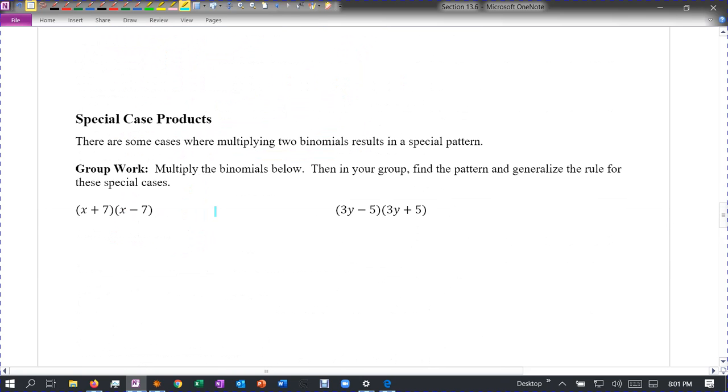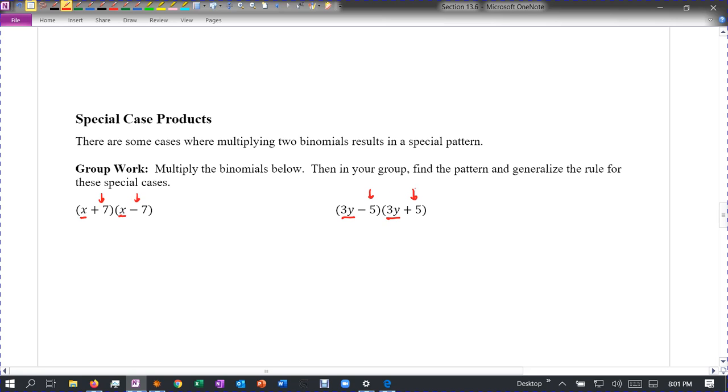Let's see. How about this very special kind of product? Whenever we have a binomial times a binomial, where the first terms are exactly the same, x, but the second terms are opposites. See how it's plus 7, minus 7? Or over here, look at this one. 3y is the same, but then we have minus 5, plus 5.